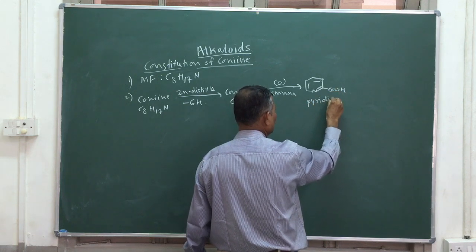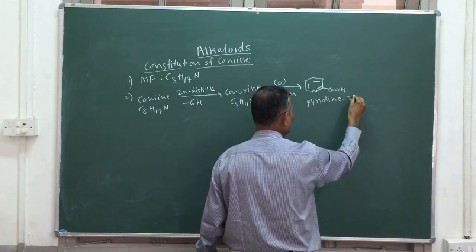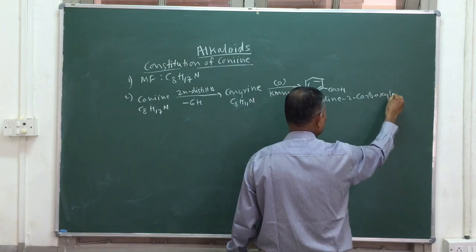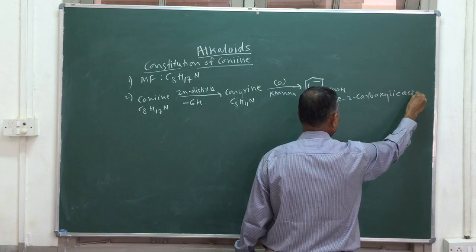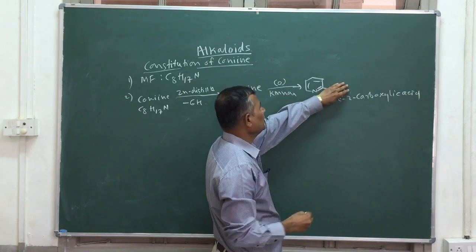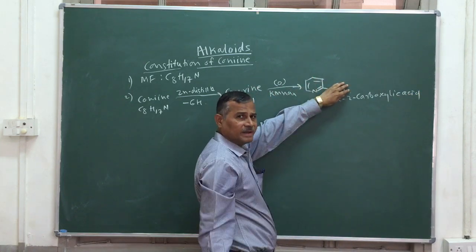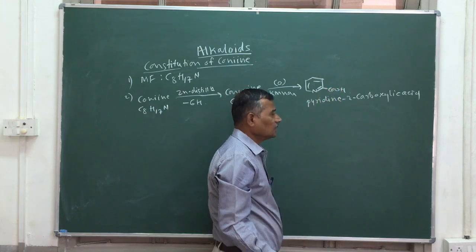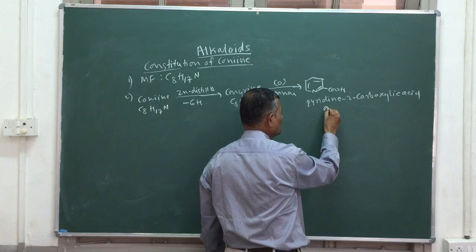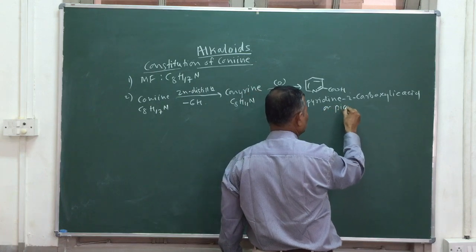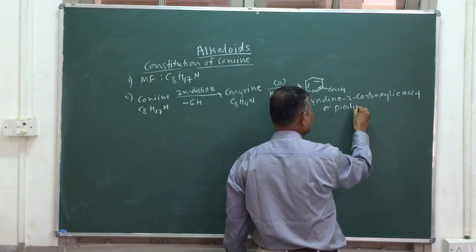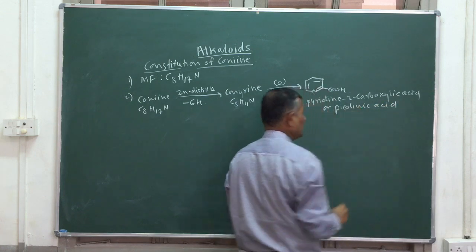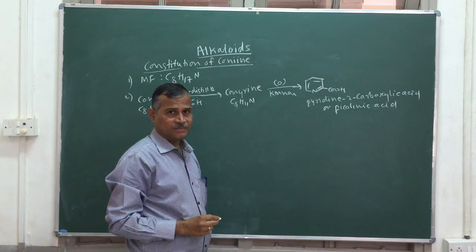So already you know this nucleus is pyridine, and at the second position there is a carboxylic group. It is pyridine 2 carboxylic acid, also called picolinic acid. A known compound we will get.